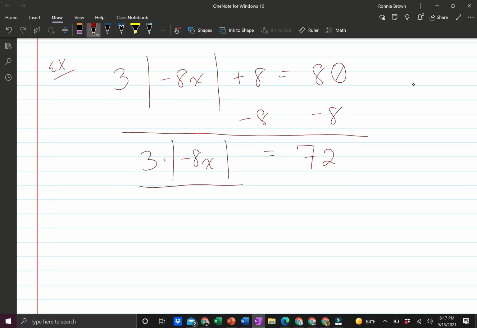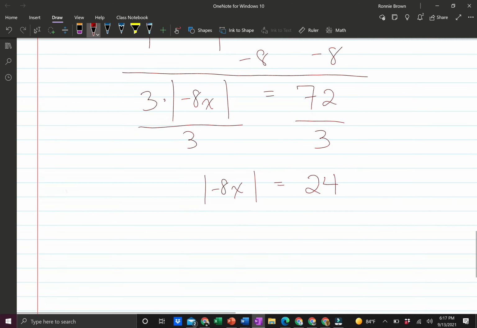So we do the inverse operation and divide. So when we divide, we get the absolute value of negative 8x, because those 3's will go into each other, is equal to, and then 3 into the 72. All right, that looks to be 24.